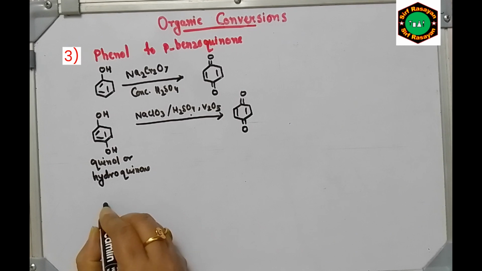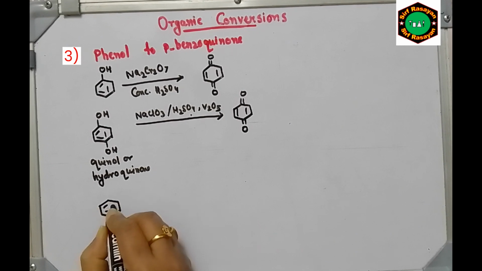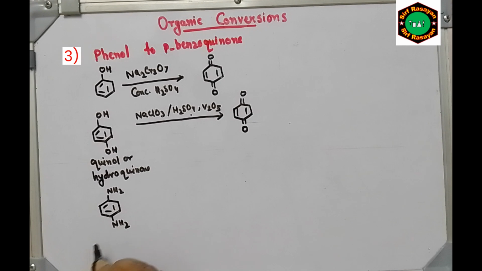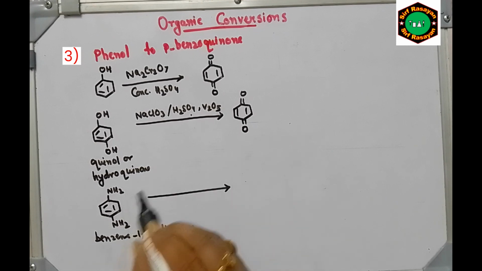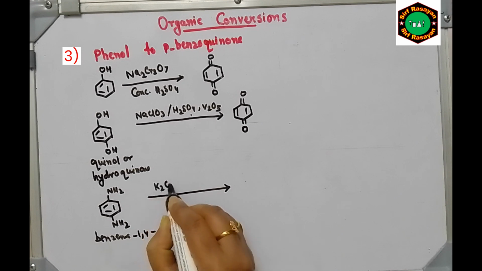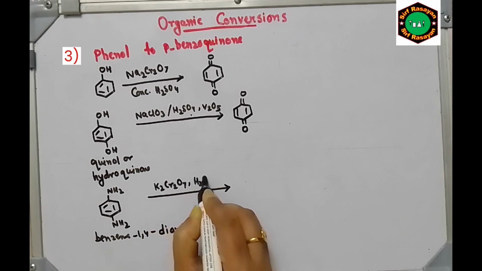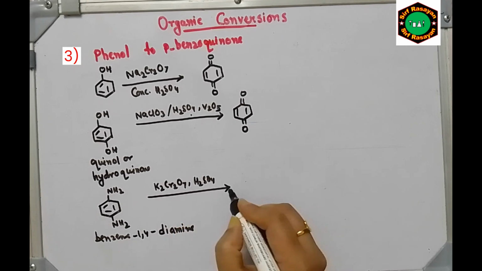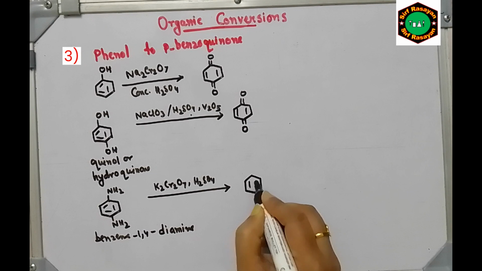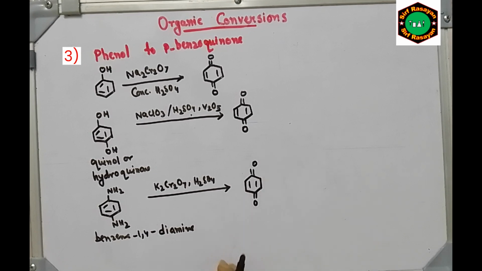If you are having benzene-1,4-diamine and you oxidize it with potassium dichromate and sulfuric acid, you will get parabenzoquinone. So several methods are there, and here starting compounds are different but product is same.